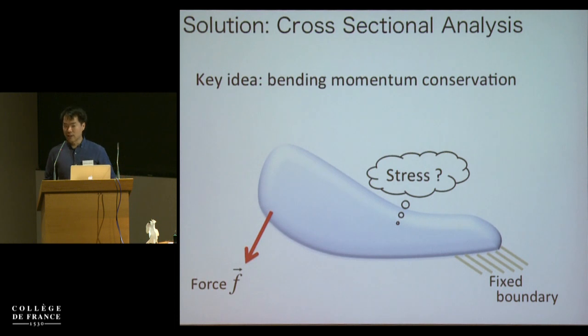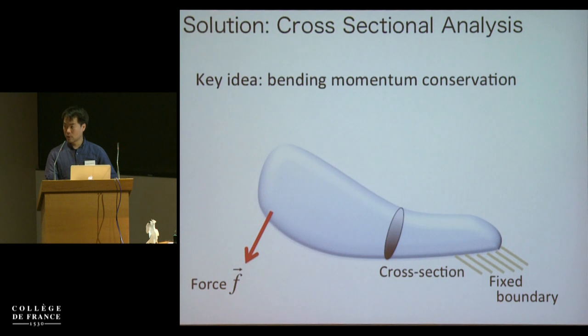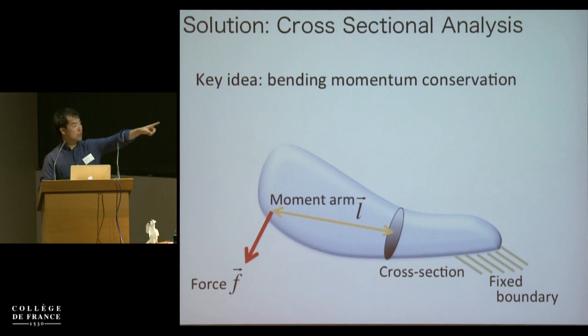Our solution is a new stress analysis technique called cross-section analysis, and it's based on bending moment conservation. So if I want to know the stress around this middle part, when the force is applied here, I will take a cross-section in the middle. And then I compute the bending moment acting in this cross-section.